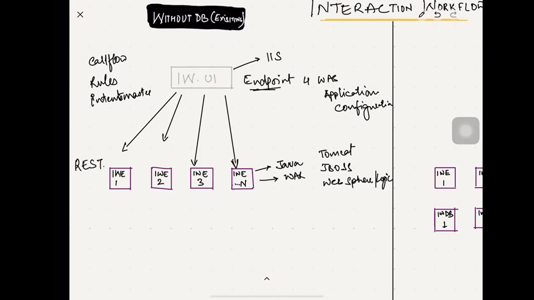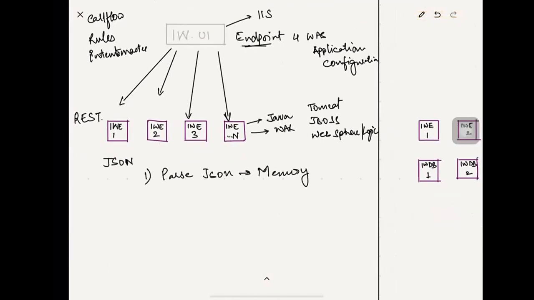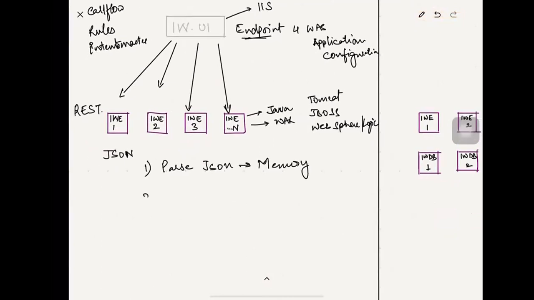So what IWE will do is it will get the entire JSON. First, it'll do 2 things, right? One is it'll parse the entire JSON and keep it in memory so that the response becomes faster whenever the IVR or the TPPV asks for it.